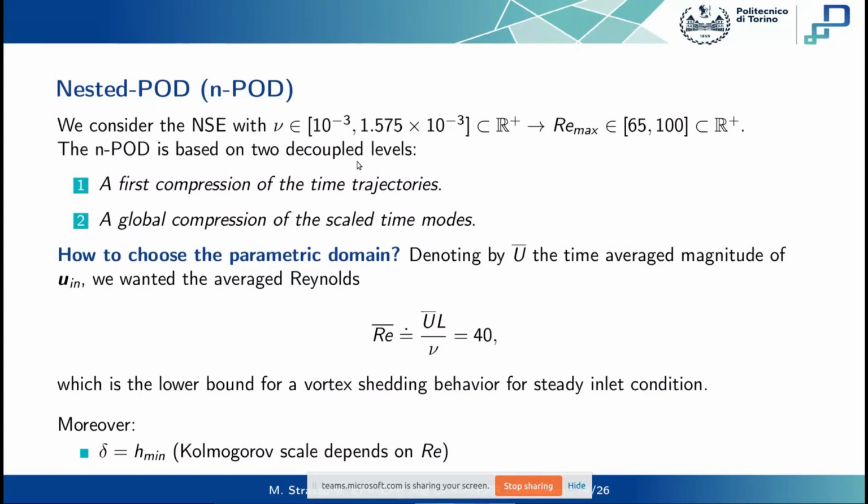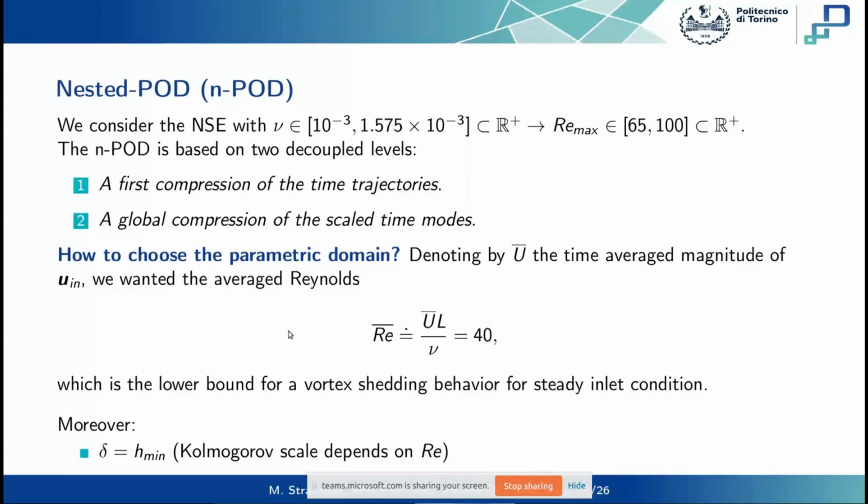So in order to choose that, basically we computed the time average magnitude of our inlet condition, and we chose the upper bound here in order to have this value of, let's say, average Reynolds. And this value is actually the value where the vortex shedding is happening for the steady inlet condition. So somehow it was a way to try to understand when the vortex shedding could happen in our system.